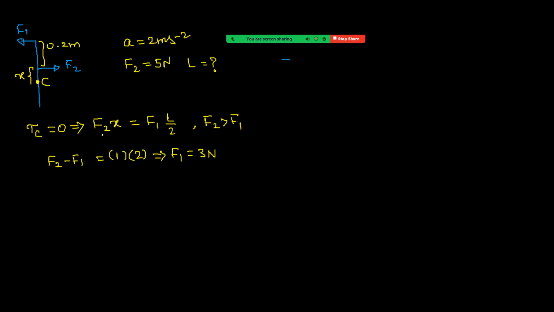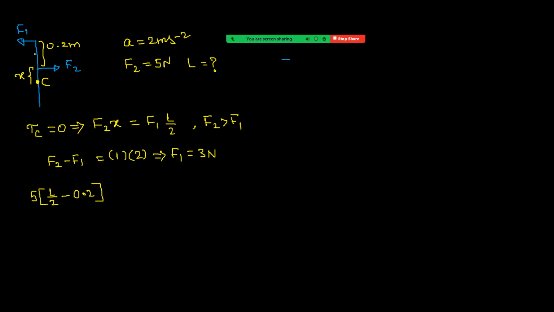See what we get. F2, 5 into X. X is nothing but L by 2 minus 0.2. See carefully. From center to this end, L by 2, total value L by 2.